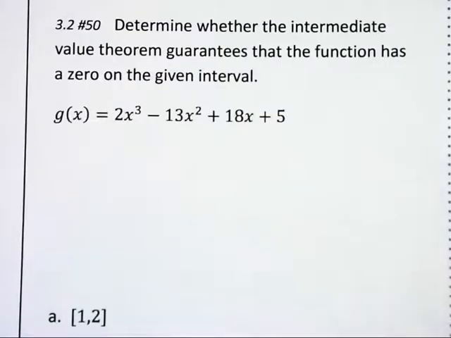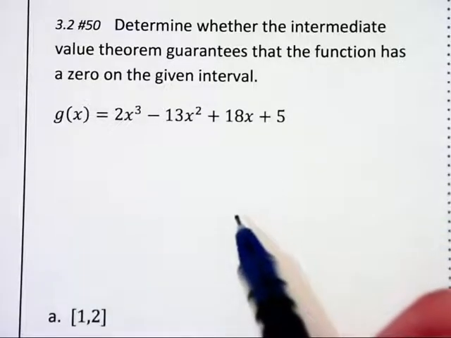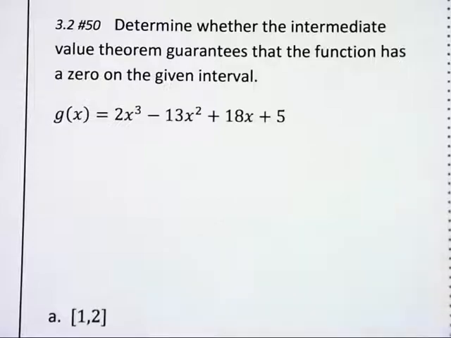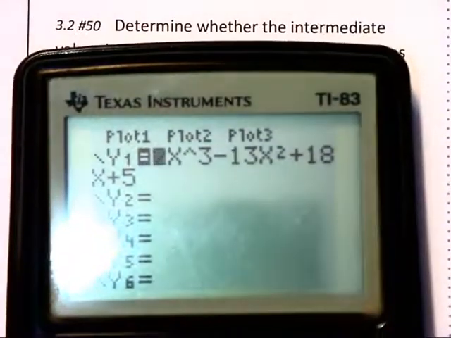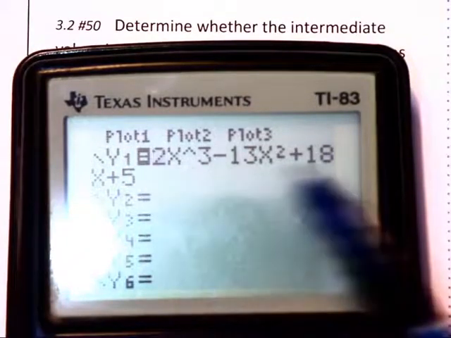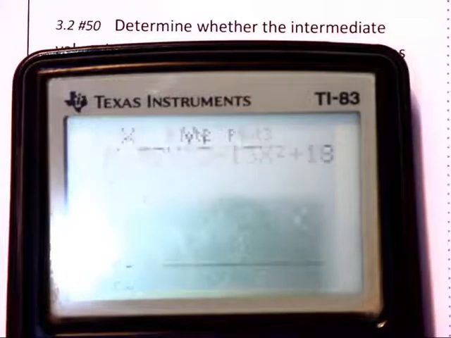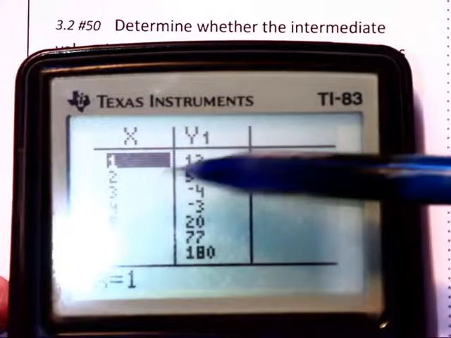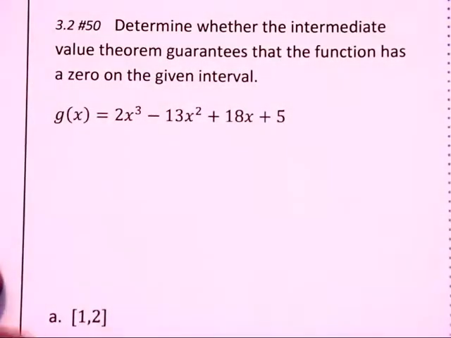Now, they want us to use the intermediate value theorem to determine whether we can guarantee that a 0 will exist on several intervals. What I've done here is I have typed in this equation into my graphing calculator, and I'm going to go and look at my table of values here, and these will be points on the curve which I'm going to draw out or write out for you.